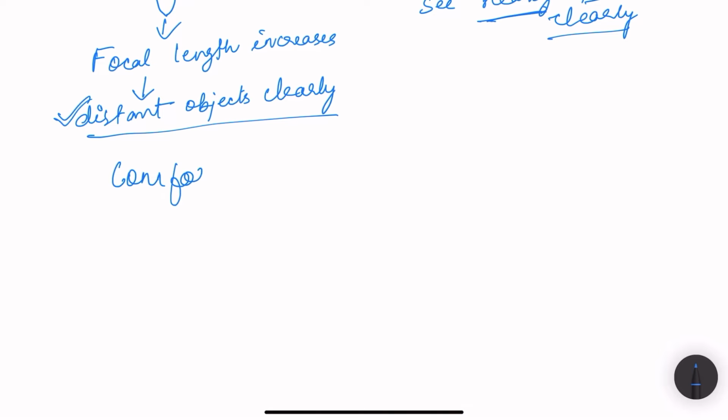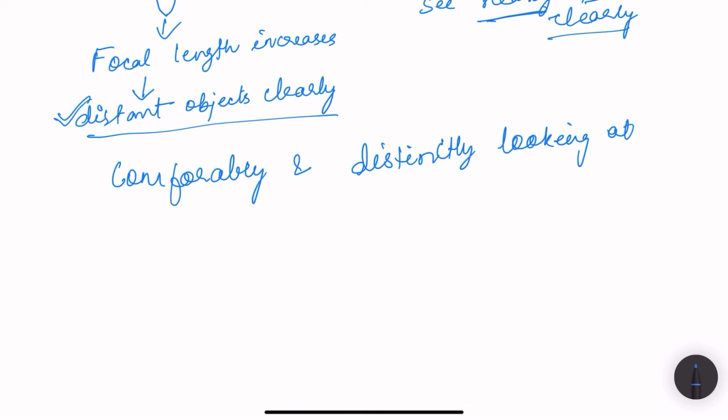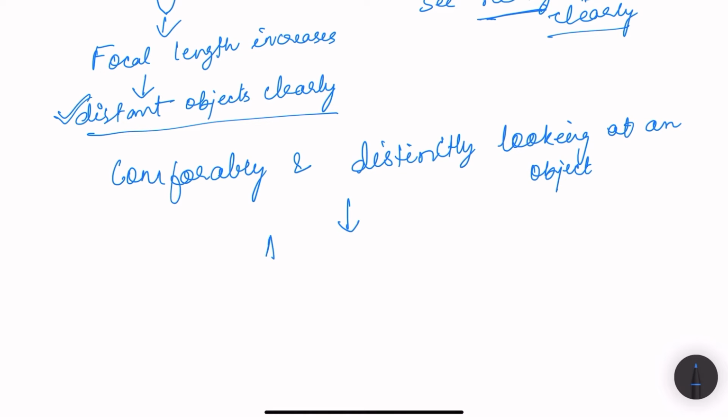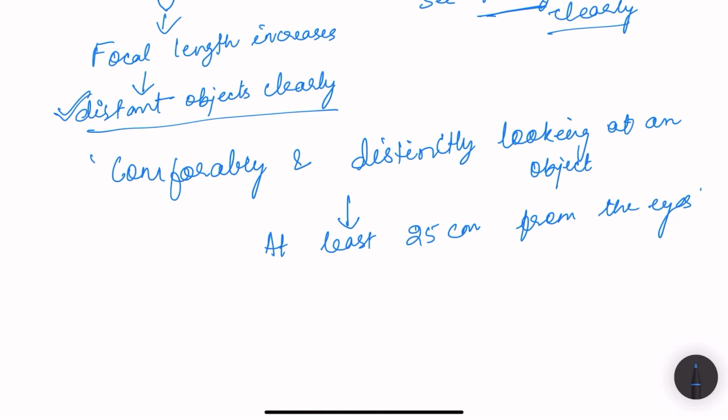So for comfortably and distinctly looking at an object, the object should be at least 25 centimeter from the eyes.